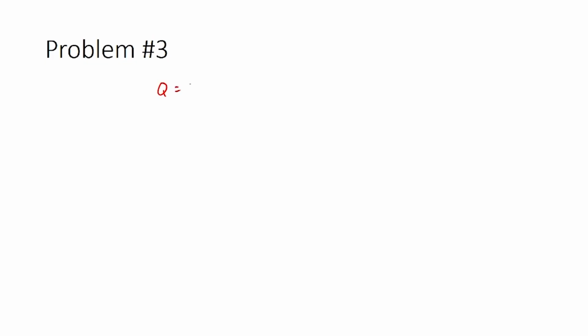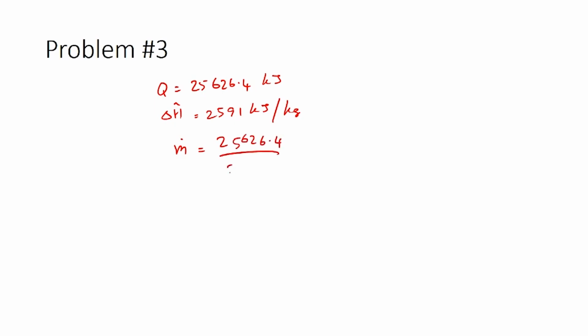So, Q is equal to 25626.4 kilojoules, and delta H cap we just calculated to be 2591 kilojoules per kilogram. So, your m dot, which would be the mass of steam generated, would be 25626.4 divided by 2591, giving you a value of 9.89 kilograms of steam per 100 moles of fuel gas burnt.